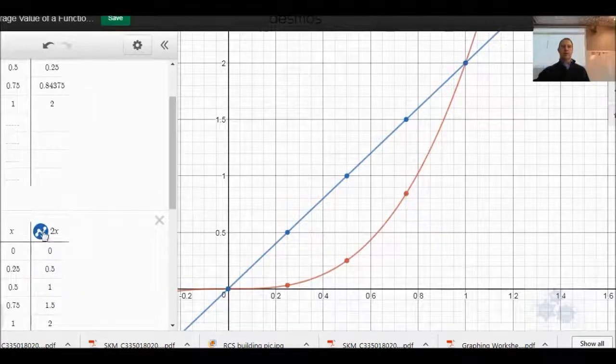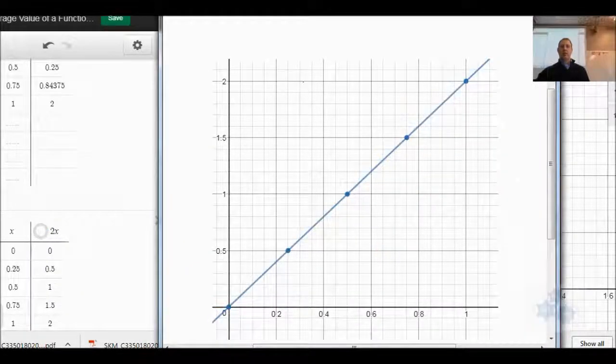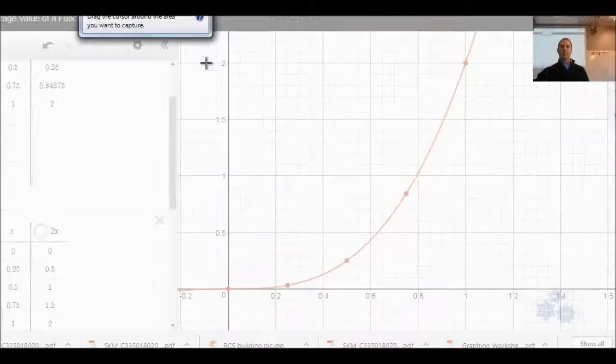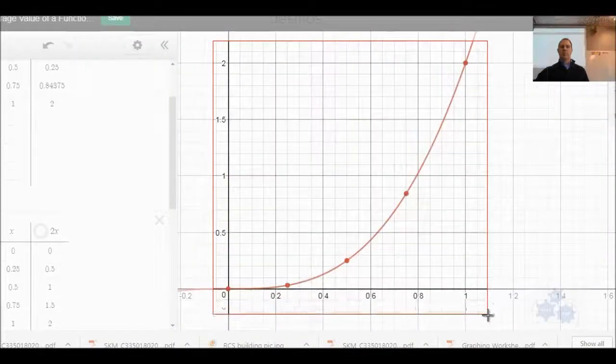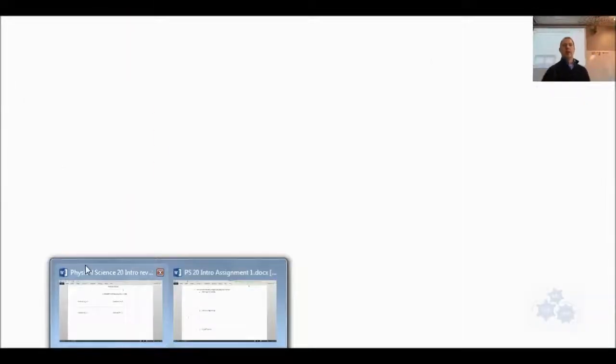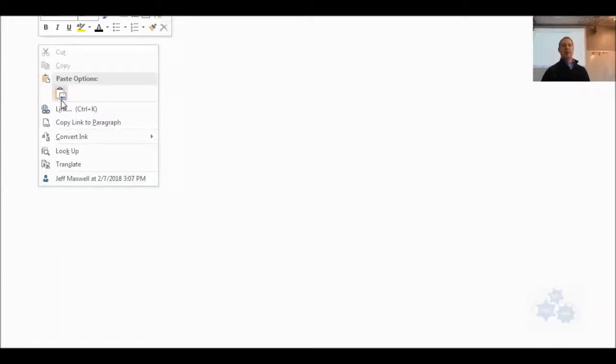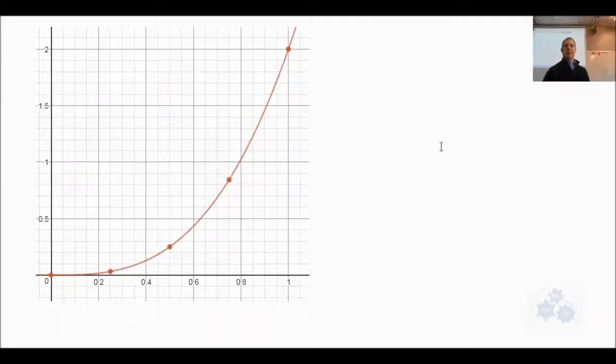So I'll light this one up, take this one away. Let's clip this into our notes. And how does average value of a function relate to area under this curve? Okay, so about 0.625, let's say this is 0.75, so somewhere around here.